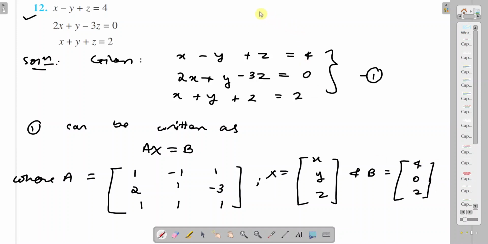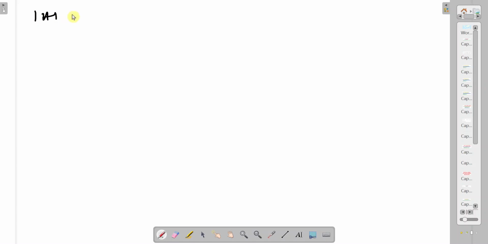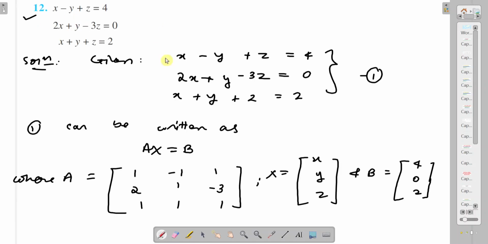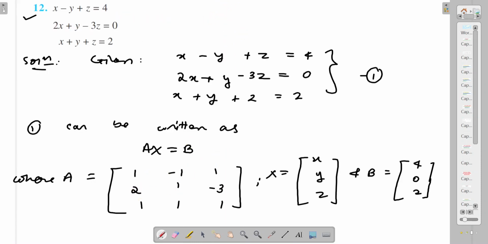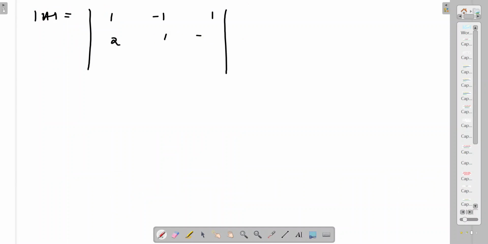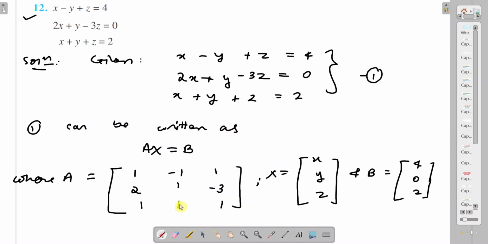Okay, so now determinant of A we have to calculate. Determinant of A, determinant of the matrix 1, 0, minus 1, then 2, 1, minus 3, then 1, 1, 1.